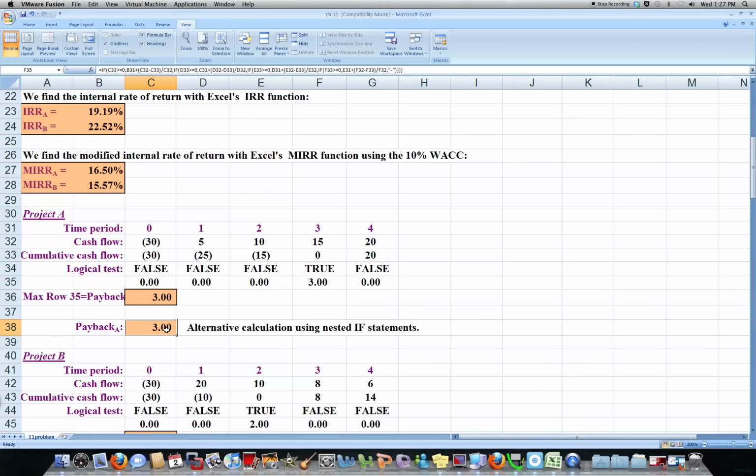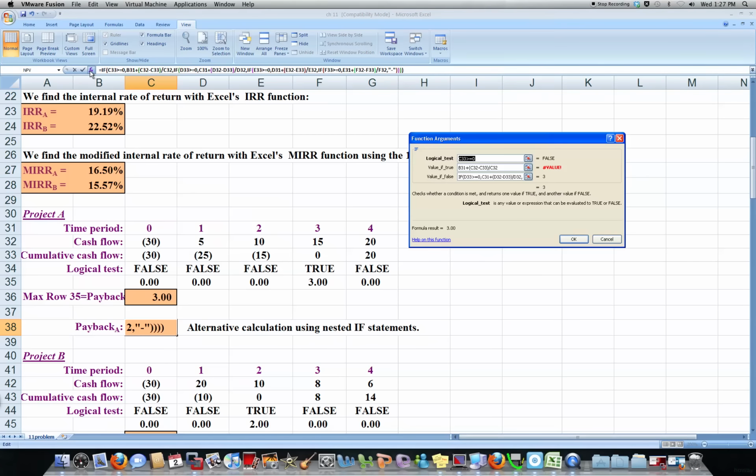Alternative calculation using the IF statement. You can also do that. It starts out with the very first one. If C33 is greater than or equal to 0, then it's false.